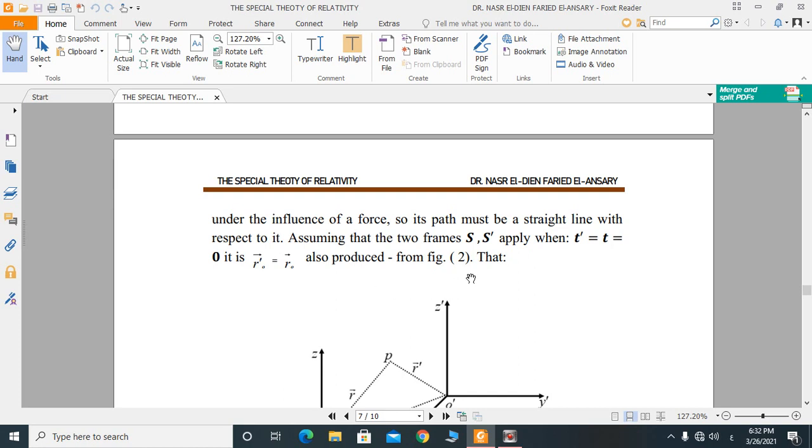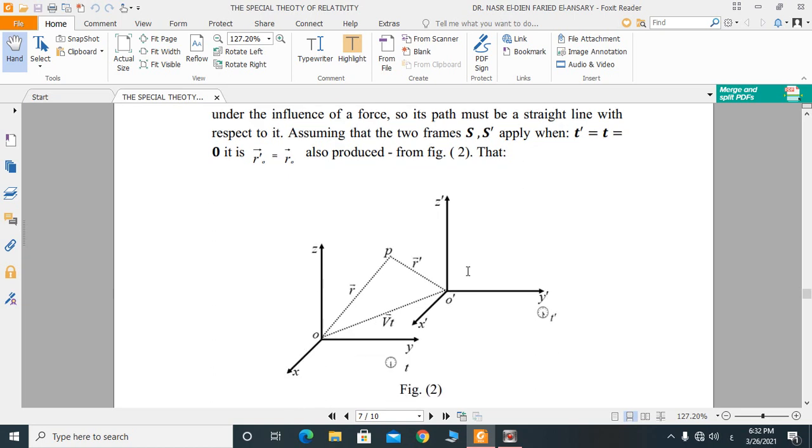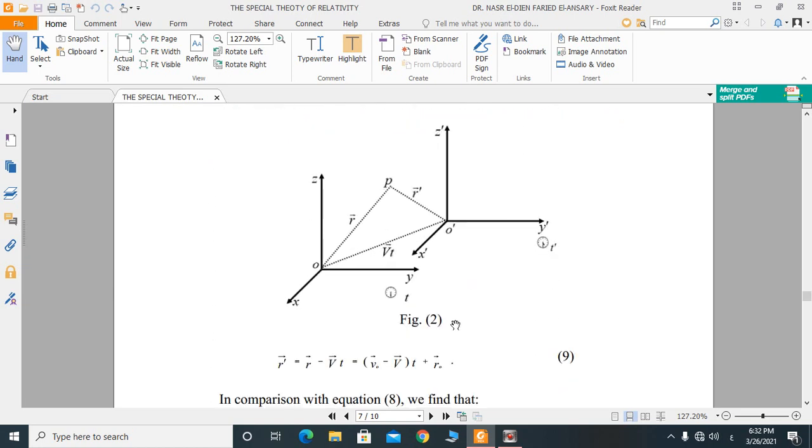From figure 2 we get the relation between the three vectors r dash, r, and vt.